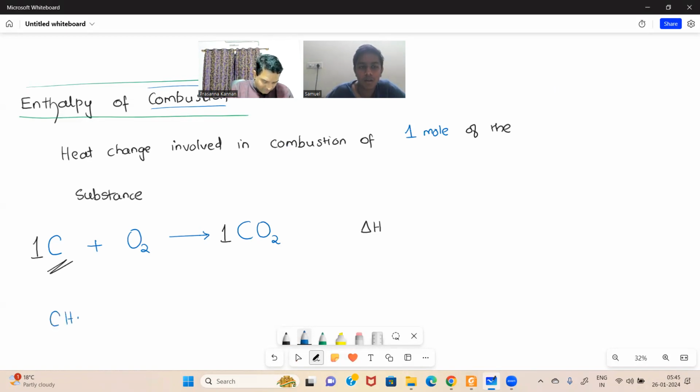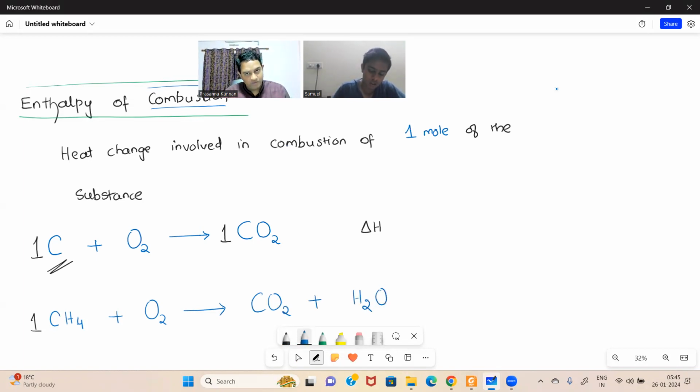Yes, 1 mole of methane. The definition talks about 1 mole of methane. It is not important how many moles of carbon dioxide or water are formed. But the definition circles around burning 1 mole of methane. Of course, you can solve it only by balancing the equation.